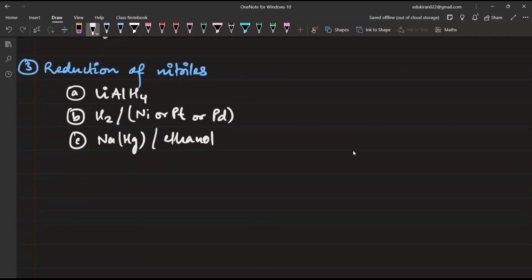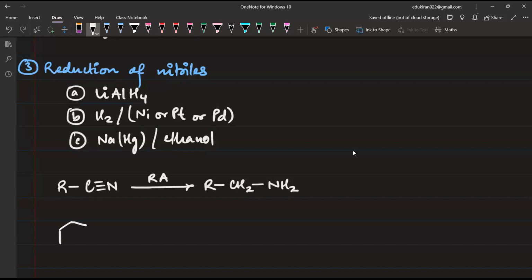So if you have R, C triple bond N, and you use one of these reducing agents, you will get R, where the carbon will get 2 hydrogens and the nitrogen will get 2 hydrogens, a primary amine.